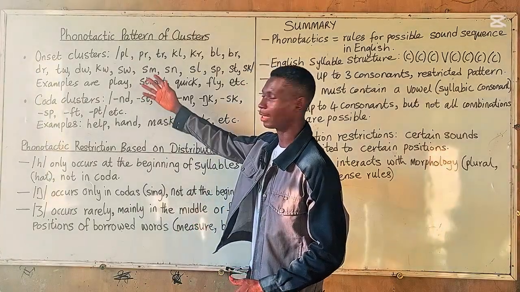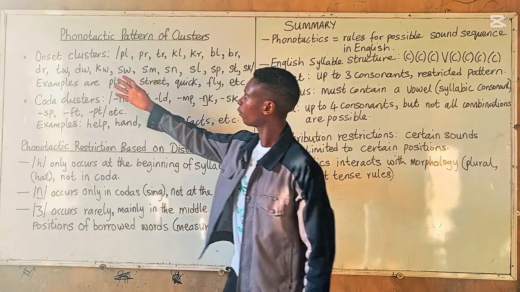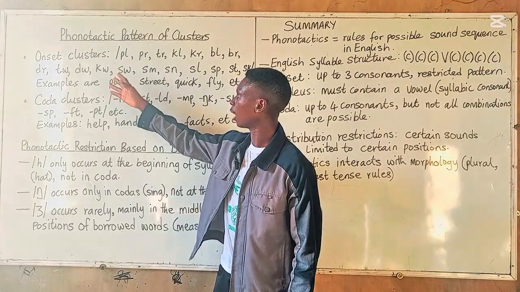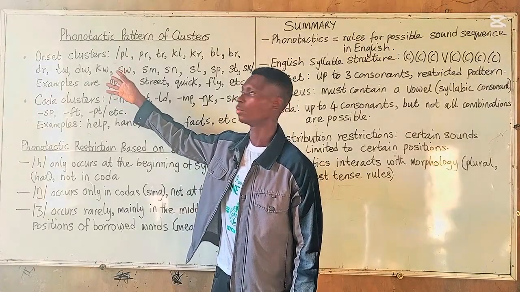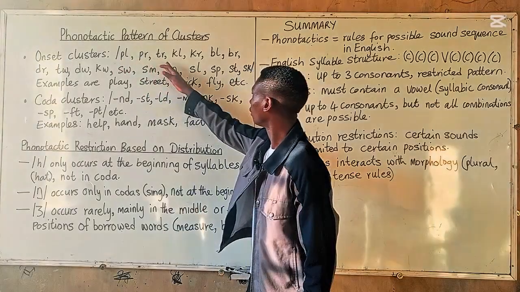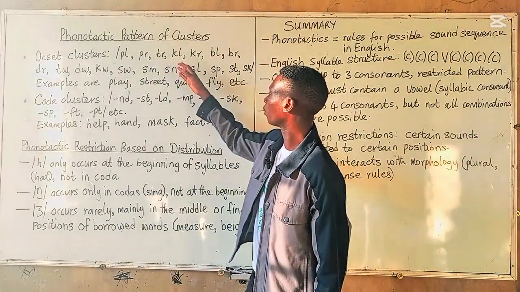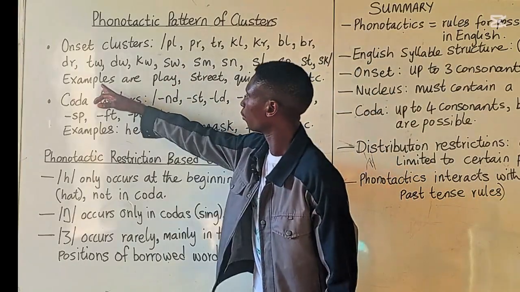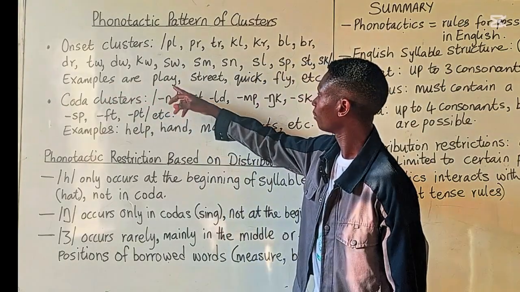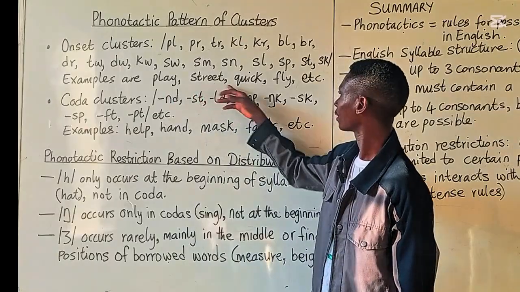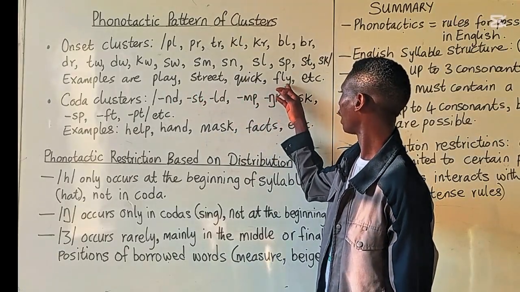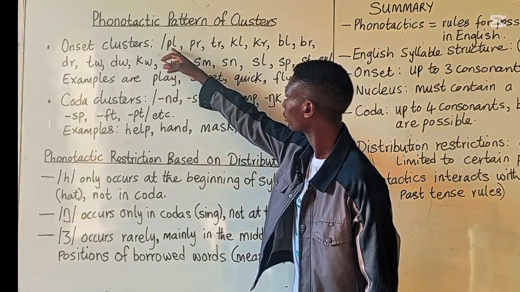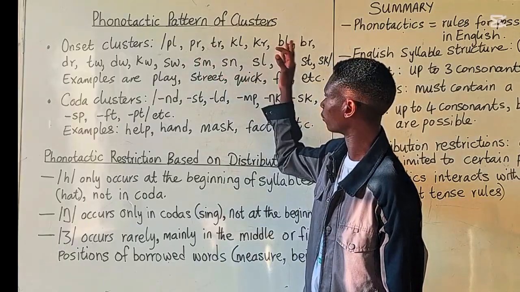So I've listed out the examples here. For the onset, that is at the initial position of a syllable, we can have these combinations of sound. So these are possible. Examples are play, street, quick, fly, etc. So do well to go through all the sounds.